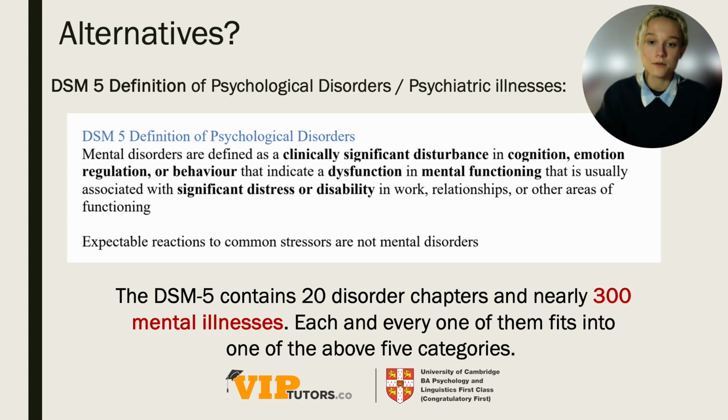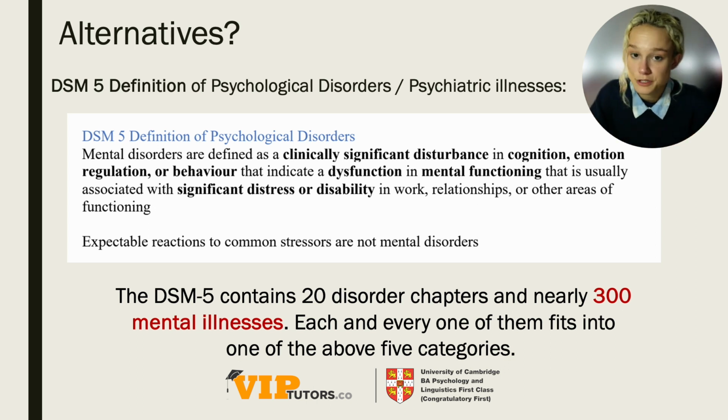They do not count those as mental disorders. They've made a very clear distinction between normal human emotions in reaction to normal human everyday experiences versus psychological or psychiatric illness.